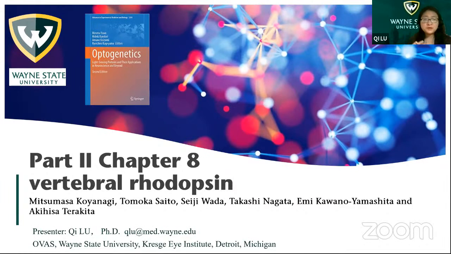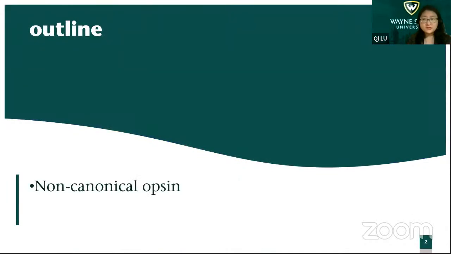So today I'm going to present chapter 8, and it's talking about the vertebrate opsins. There are about 9 different types of opsin genes in human, and generally they can be separated into different subgroups depending on the activated G proteins, what kind of G protein, GI or GS or GQ.